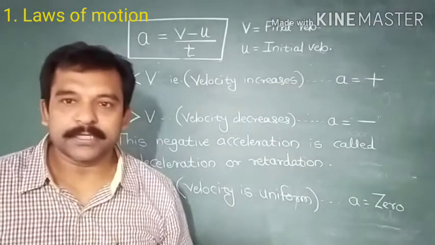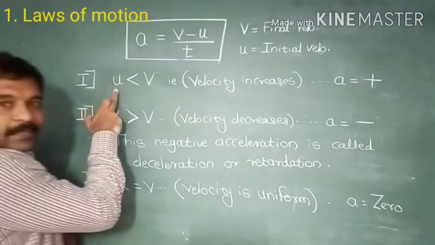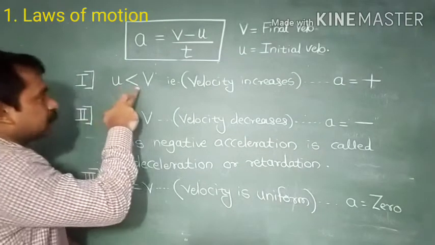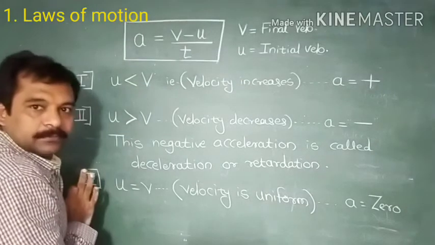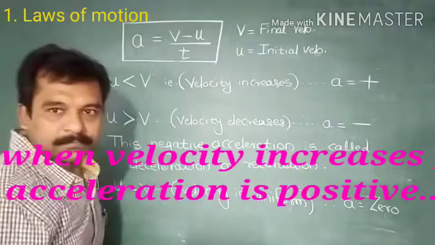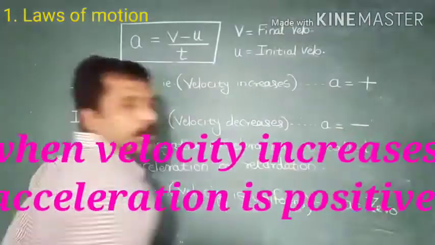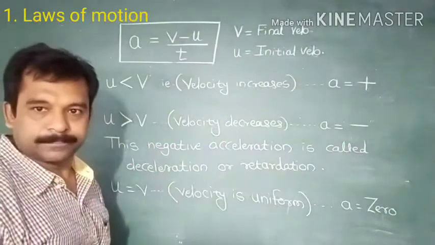So what is the answer behind that? See, it is like this. When initial velocity is smaller than final velocity, that is when velocity increases, then acceleration is called positive acceleration.